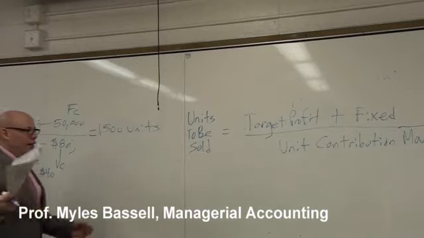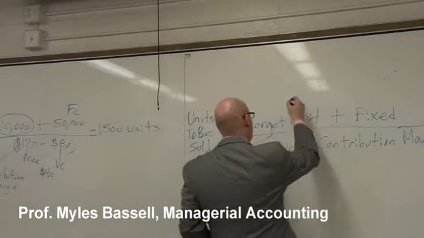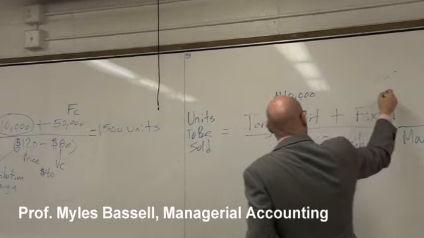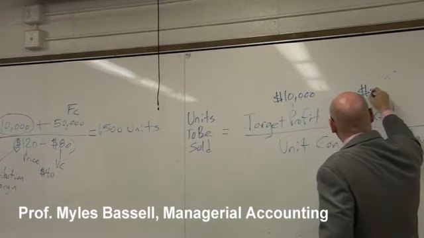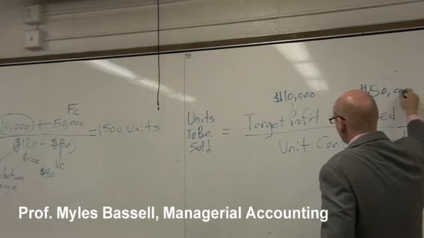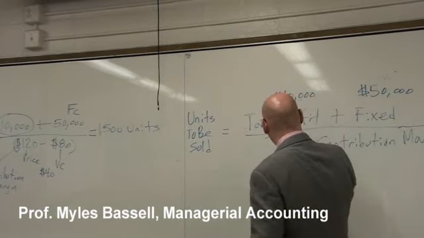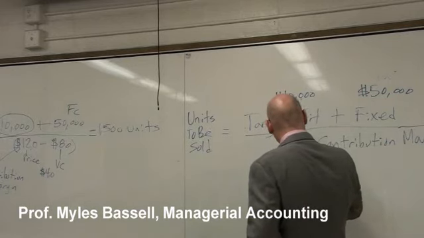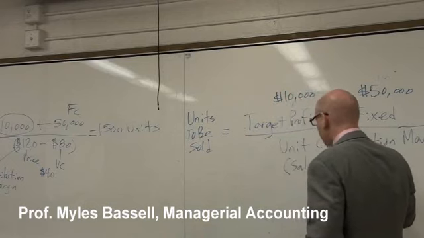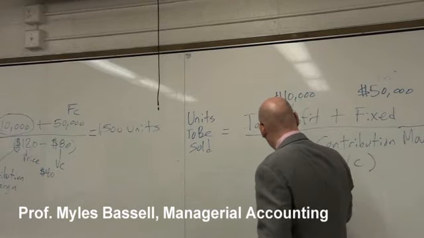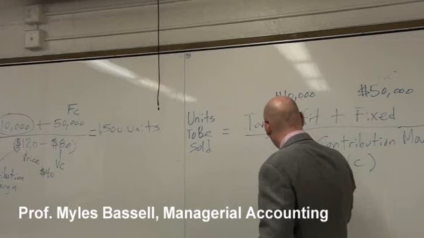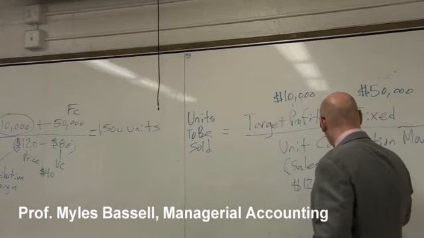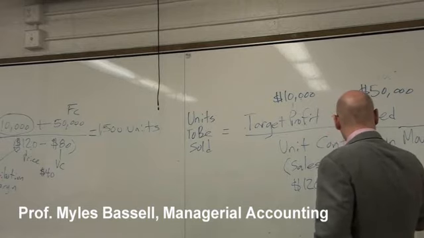They told us in this problem that the target profit is $10,000. The fixed costs are $50,000. And the unit contribution margin, we calculate by taking the sales price and subtracting the variable cost. In this case, the sales price per unit is $120, and the variable cost is $80 per unit, which equals $40.